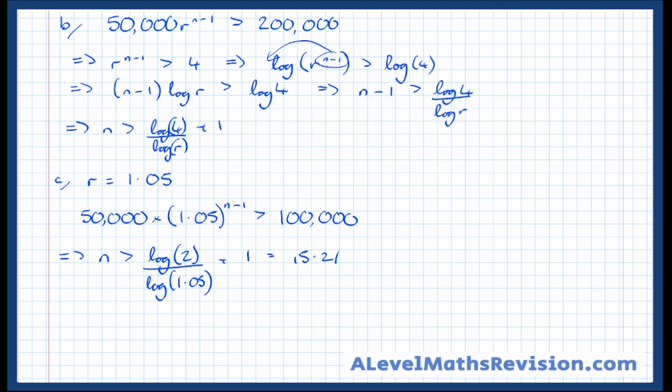So n is bigger than 15.21. Therefore, in year 16, the profit will first exceed £100,000. There we go. All good.